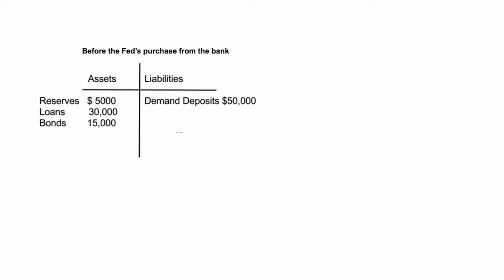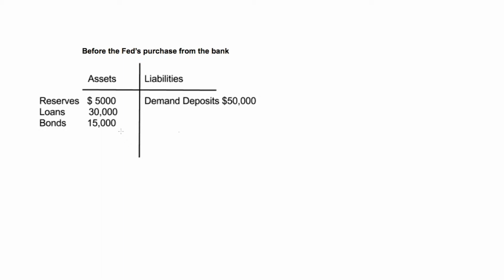Now, if we look at a T account that shows before the Fed's purchase from the bank, in this example we have demand deposits of $50,000. We see that we have reserves of $5,000, loans of $30,000, and bonds of $15,000. Now, my question to you is, what's our reserve requirement if this bank is fully loaned out?